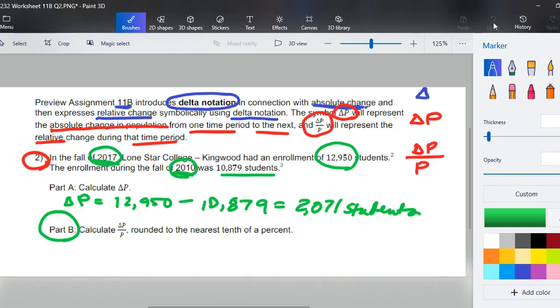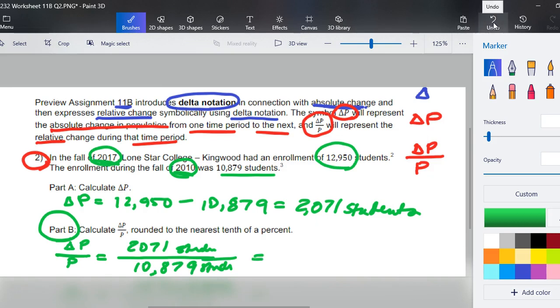Then let's look at it as a relative change, to calculate delta P over P. We are going to reuse the number we just got, that delta P, those 2,071 students, and divide it by the initial population, 10,879 students.